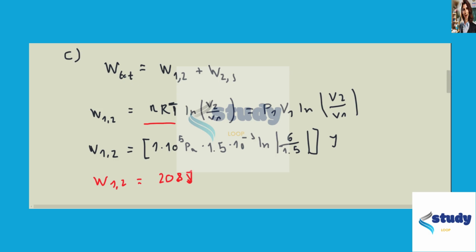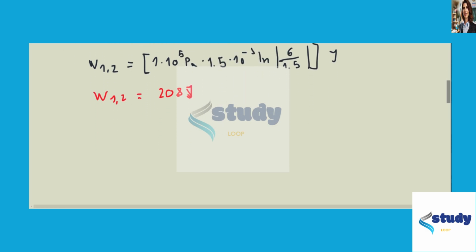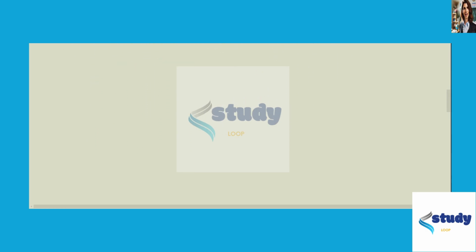Now for the second work, for the work from the point 2 to the point 3, this is the work being done under a constant pressure. Therefore, work from 2 to 3 is equal to the constant pressure P2 times the change in volume. This is the important relation.